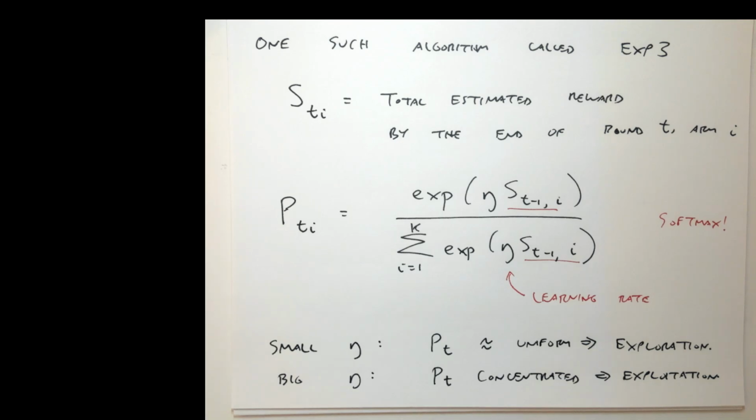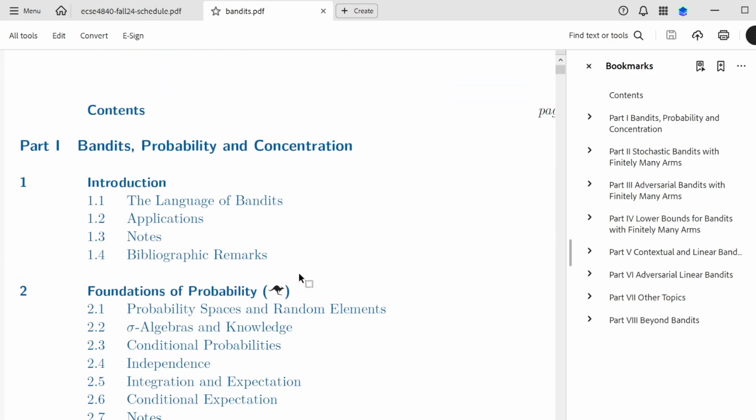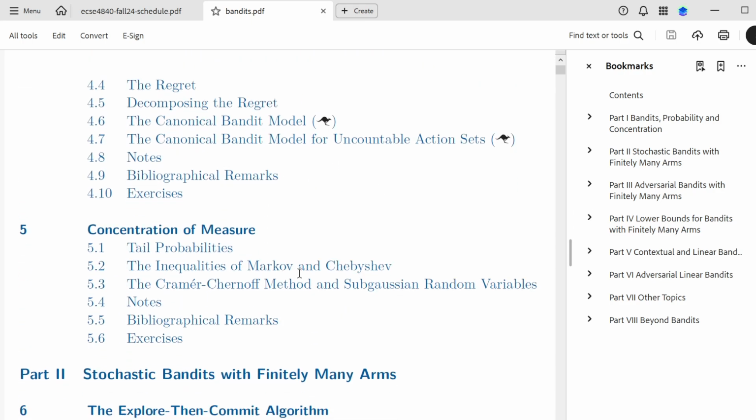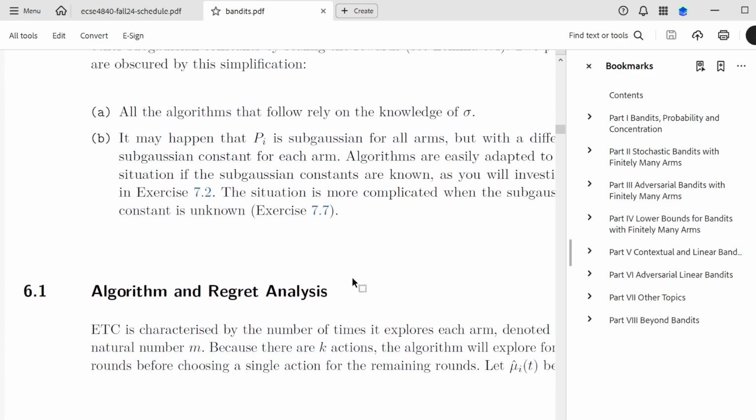One thing I will say, as a side note, is that everything I know about bandits, I learned from this book. So let me just show you the book. I think this is basically the definitive book on bandits by Lattimore and Szepesvari. Sorry for the butchering of this name. This has all the details in here, and it's very mathematical, just to give you some sense of what I'm leaving out.